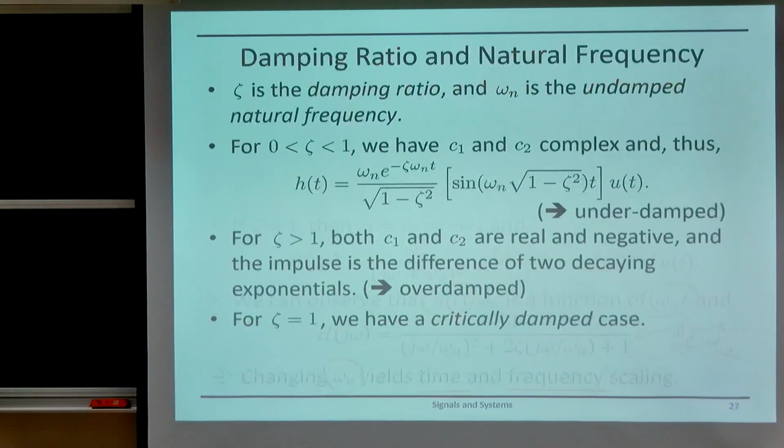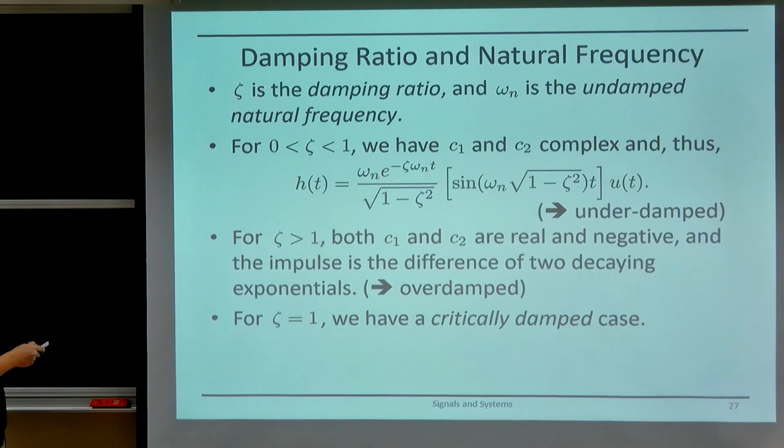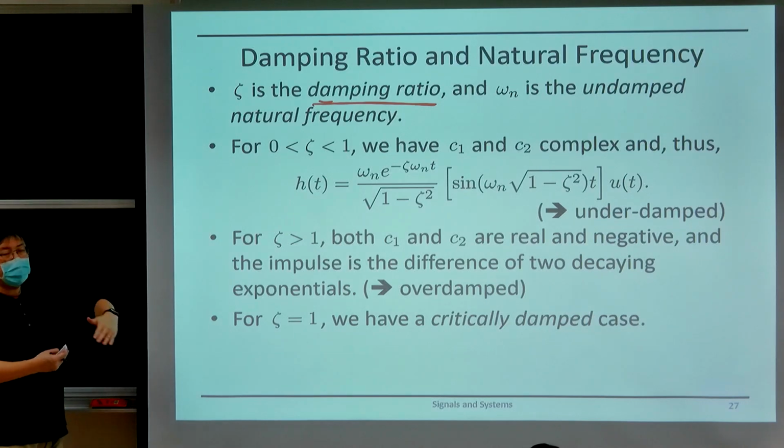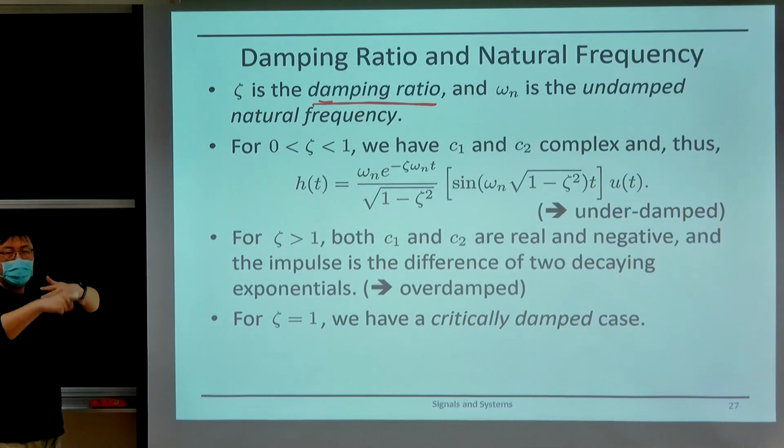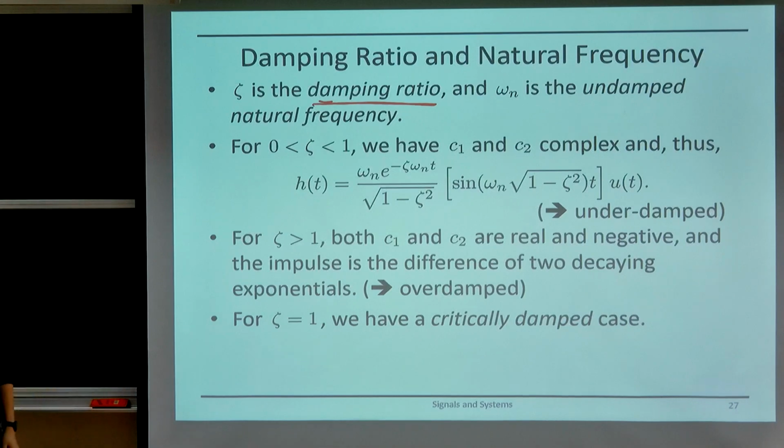Right. So this factor zeta here we call the damping ratio. And this omega n here we call the undamped natural frequency. Okay? Because this zeta determines how fast this oscillation decays over time.